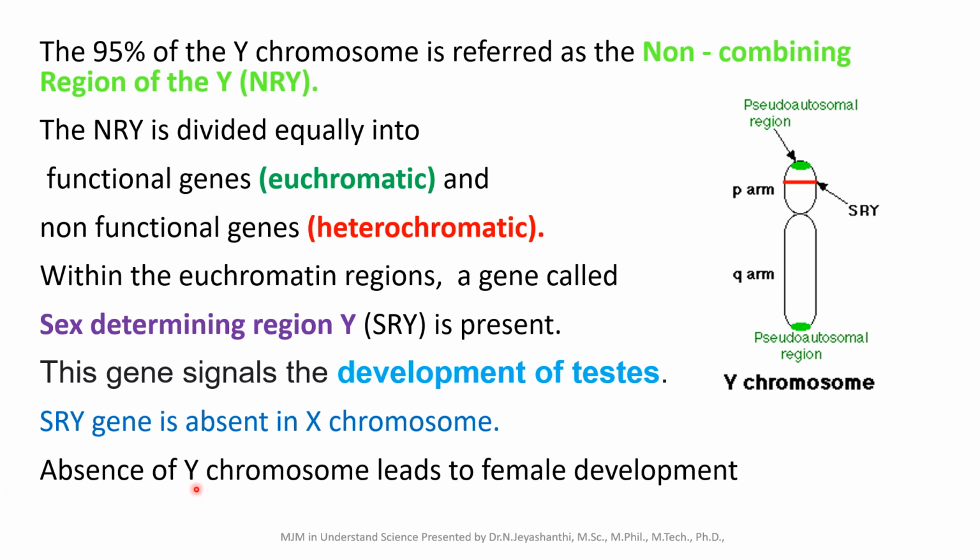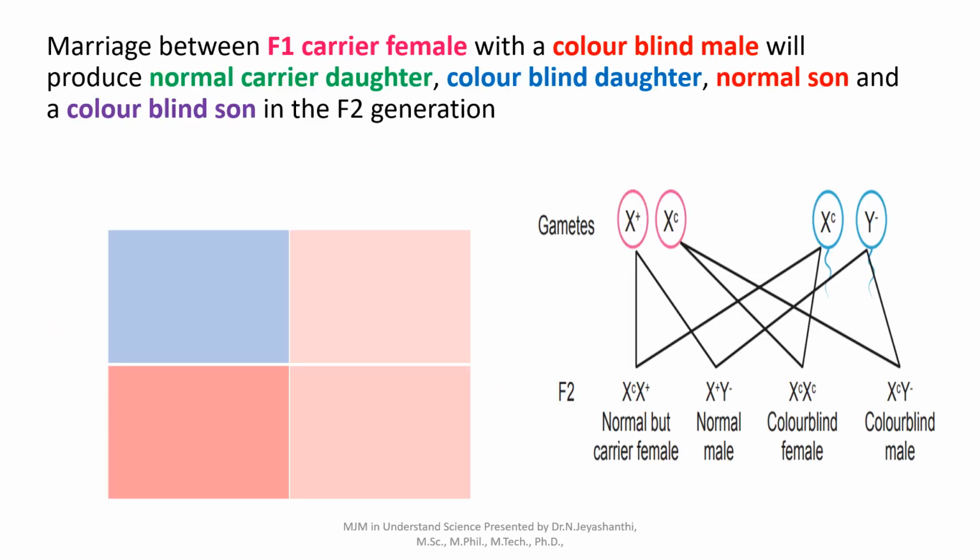Absence of the Y chromosome, absence of the SRY in X chromosome leads to the female development. If SRY is present, it develops the testis and other male reproductive organs. If SRY is absent, that leads to the female development.